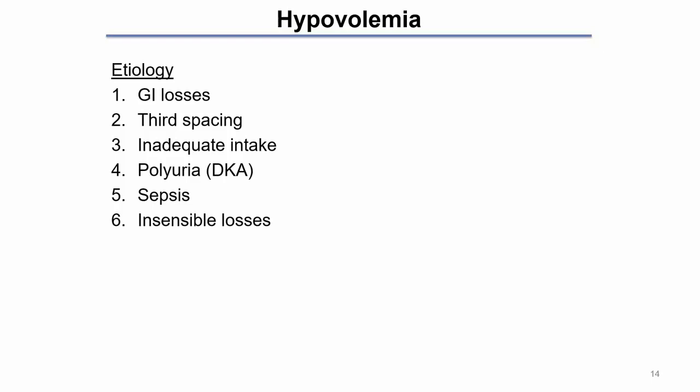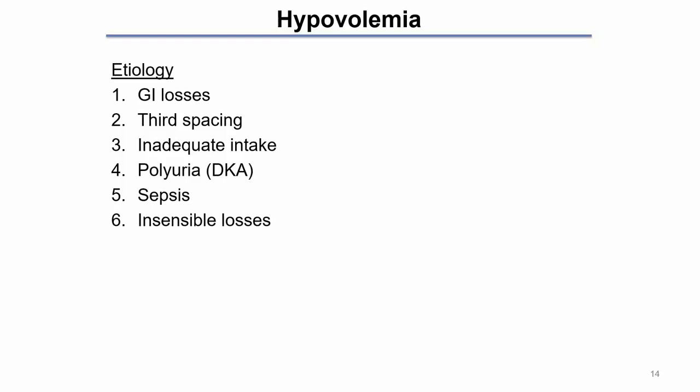Typically, under normal circumstances, we have 75% of the insensible losses occurring through the skin, so that's just simple evaporation, and 25% through the respiratory tract, that's loss of humidity in exhaled air. So now if, for example, you have someone who is vigorously exercising, they'll have increased insensible losses, but if they don't adequately replace that fluid loss, then they can land up with hypovolemia.